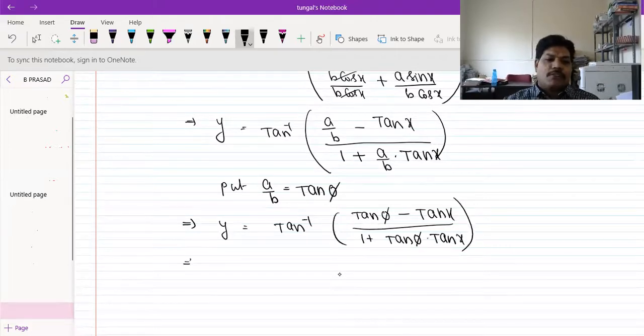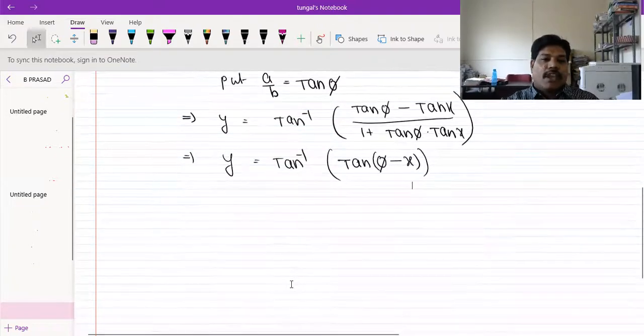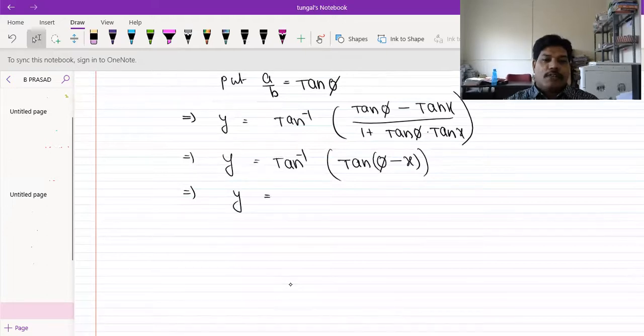So what is this formula, students? y is equal to tan inverse of tan A minus tan B by 1 plus tan A tan B. So tan A minus tan B by 1 plus tan A tan B is nothing but the tan of A minus B formula, yes or no? So automatically what happens, students? It will become tan of phi minus x. So here tan inverse will be cancelled. y is equal to phi minus x.